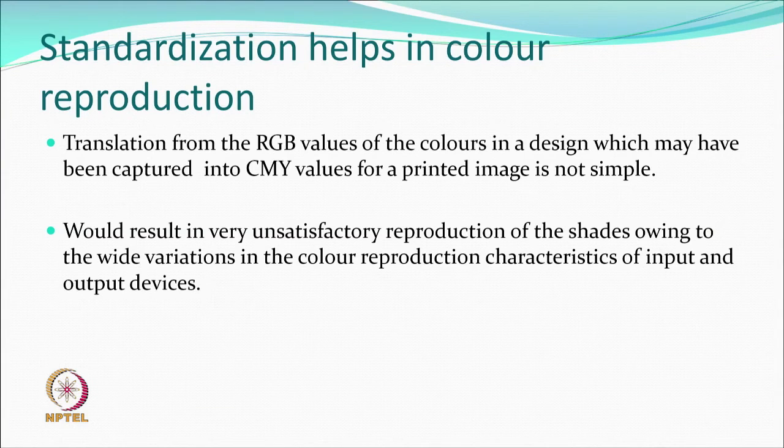This is not a simple process, this also is a complex process. It would result in very unsatisfactory reproductions, because there can be variations in all these hardware elements, the input output devices.